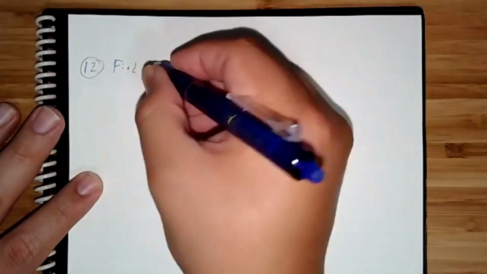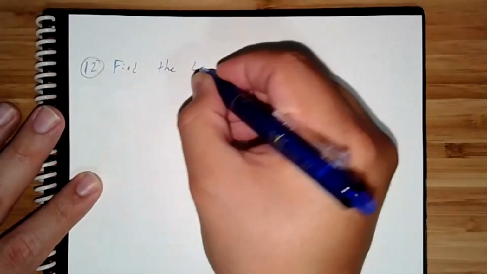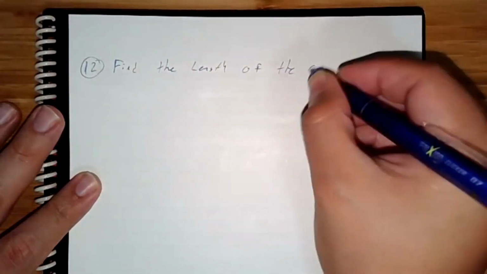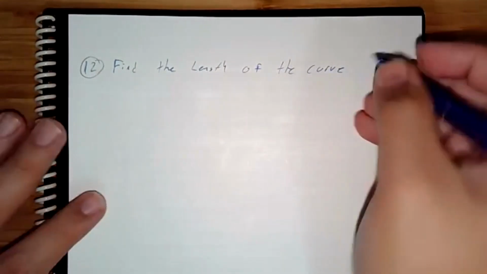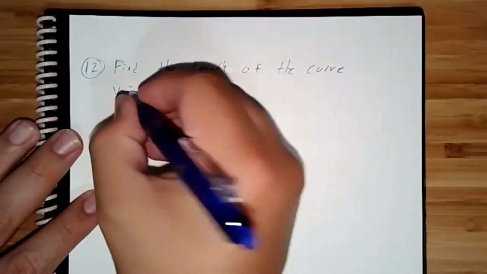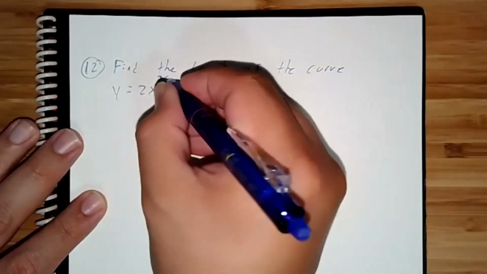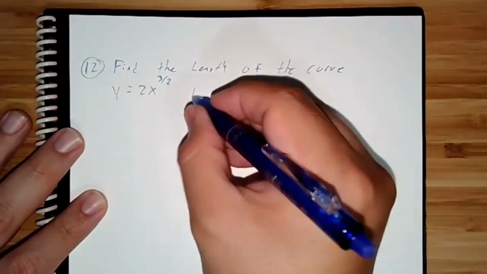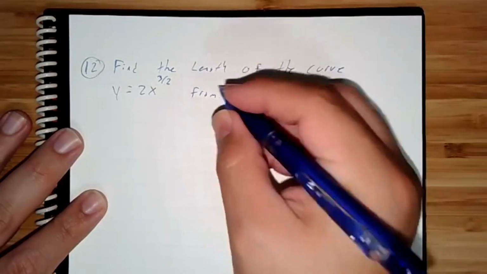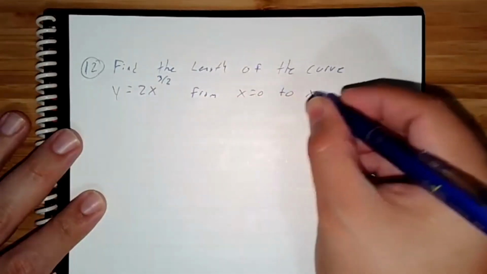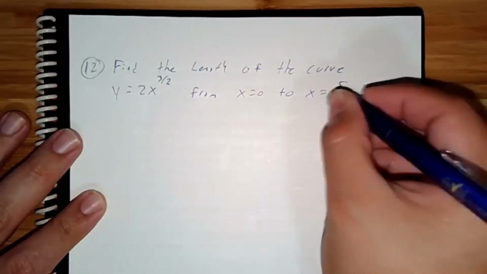Find the length of the curve y equals 2x to the 3/2, from, so they have to tell you from where to where, x equals 0 to x equals 5/4.